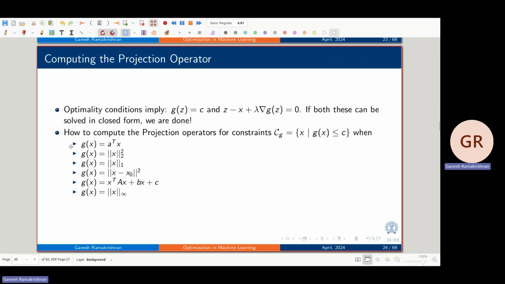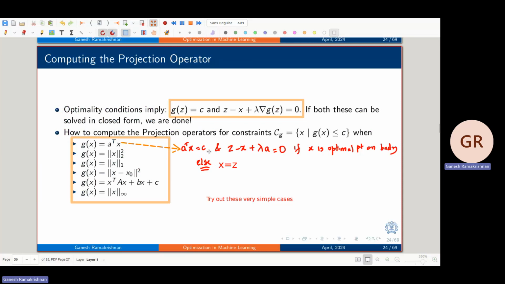Let's say g(x): a transpose x is less than c is my constraint. How will I do the projection? Or norm x squared is less than c.